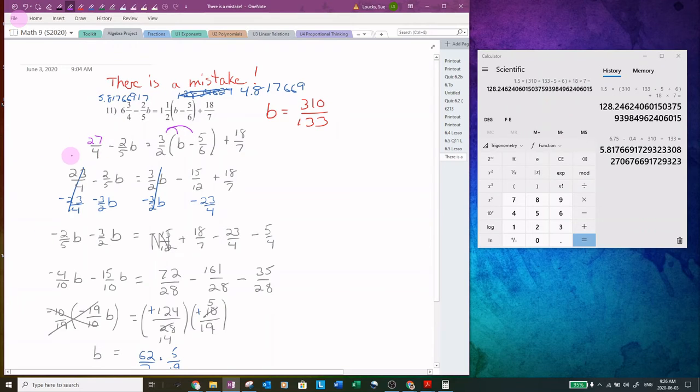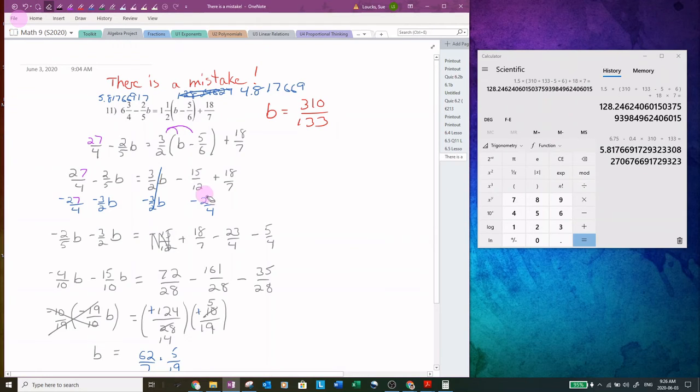And then on the next line, I have a 23 here, which I'm going to replace with 27. And that means that I'm going to subtract 27 over 4 on this side and on the other side.